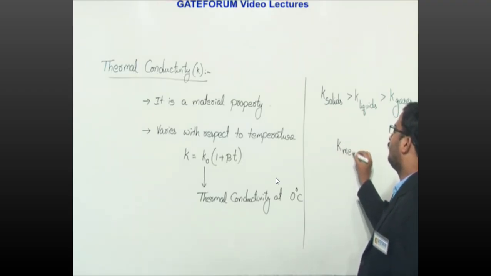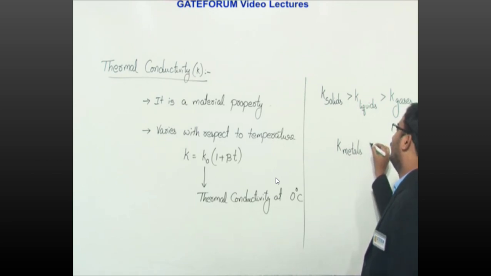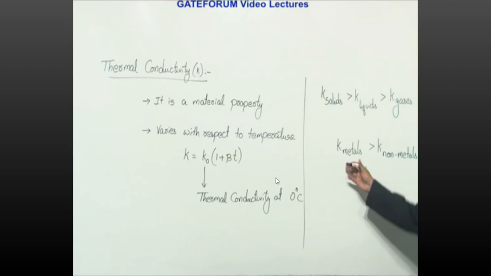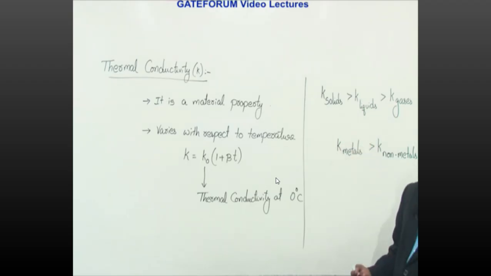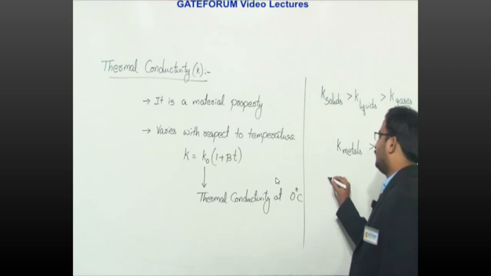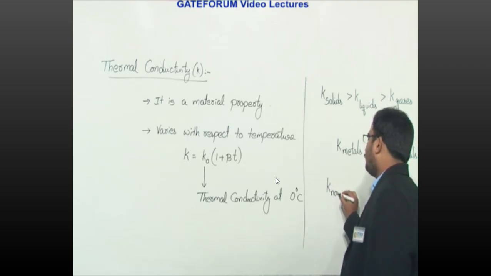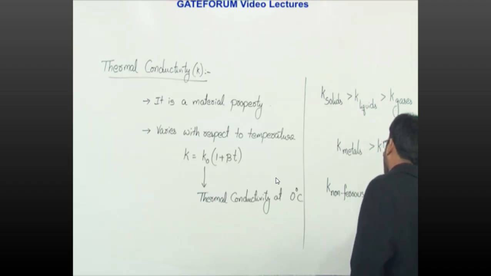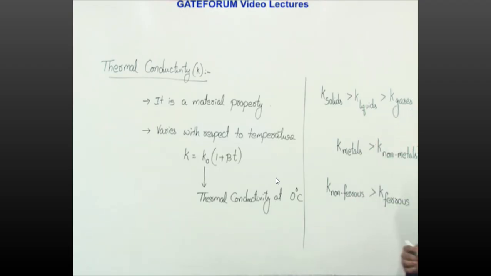Thermal conductivity of metals will be greater than that of non-metals. Metals can be classified into ferrous and non-ferrous materials. The thermal conductivity of non-ferrous materials will be greater than that of ferrous materials. You have to remember that.